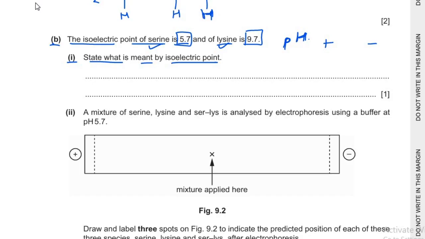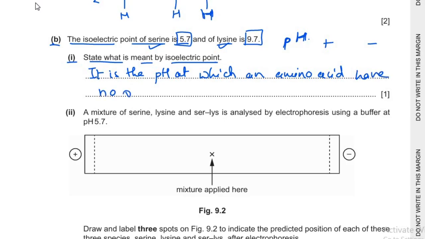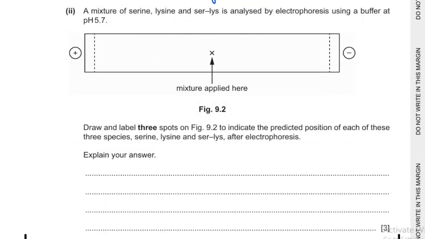So what is an isoelectric point? It is the pH at which an amino acid has no overall charge or no net charge, or you can even say it is neutral.